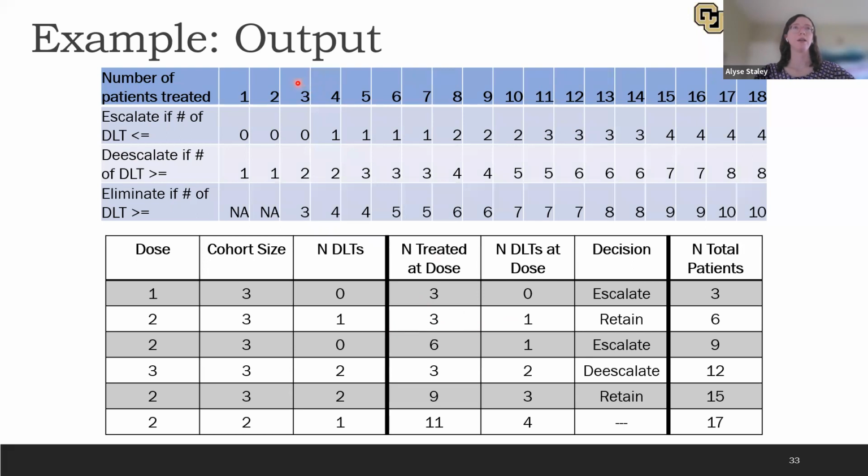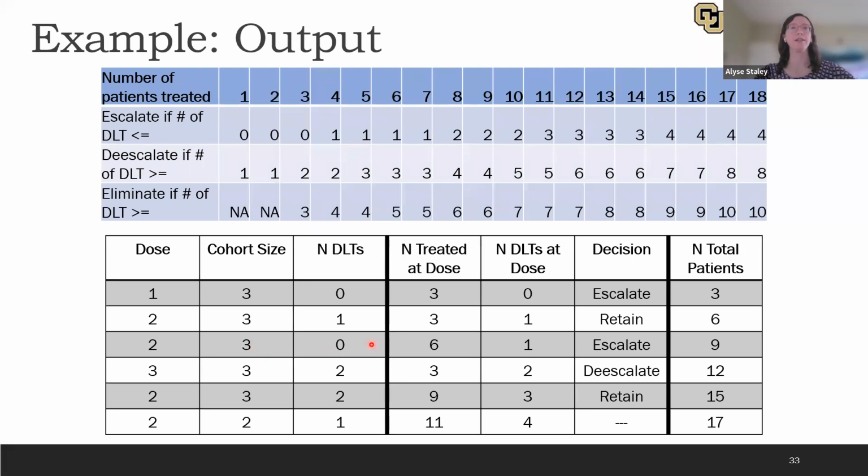We'll again go then to 3 patients, and since 1 is not on the table and it's in between 0 and 2, that means we're going to retain, meaning the next cohort of patients is also going to be enrolled at dose level 2. Again, we'll assume we're able to enroll 3 patients in this cohort.